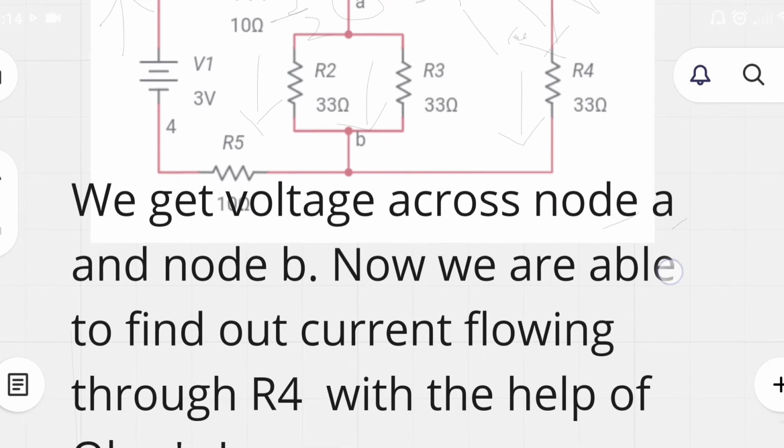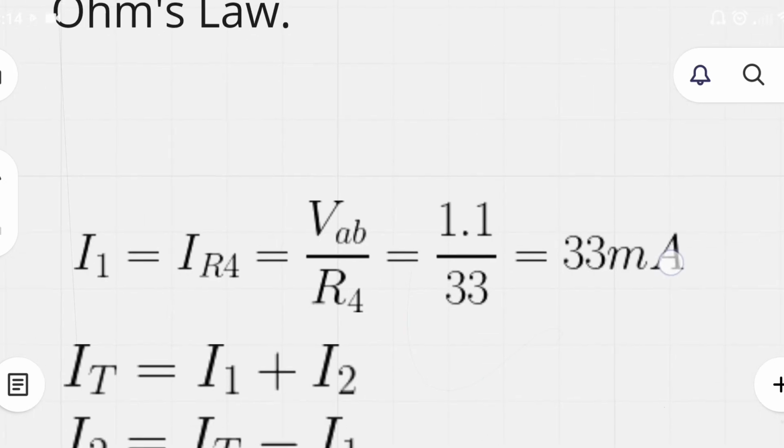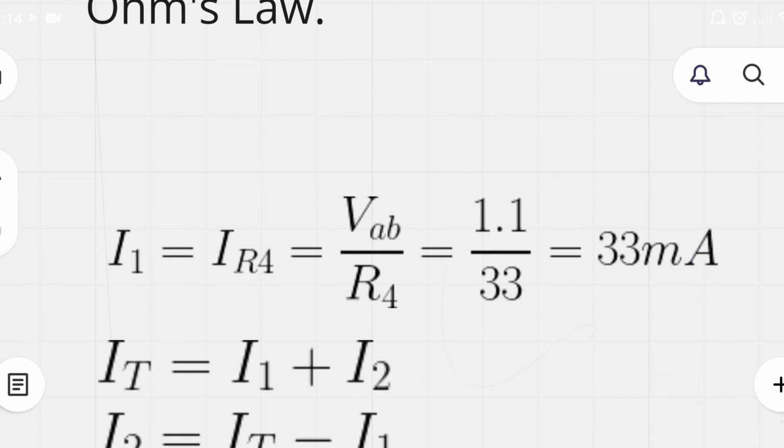So I1, that is current flowing through R4, is equal to voltage across node AB divided by R4, is equal to 1.1 divided by 33, and it is evaluated as 33 milliampere.